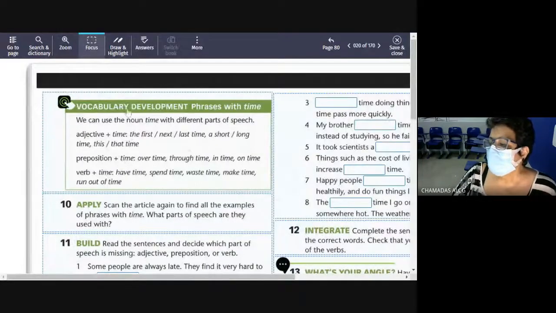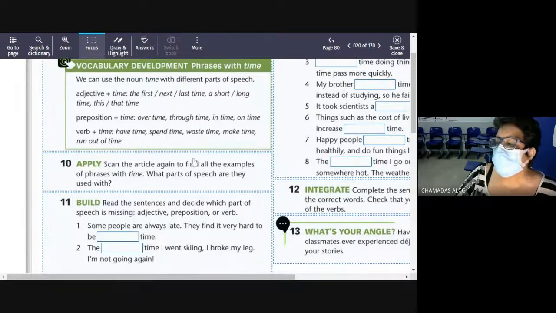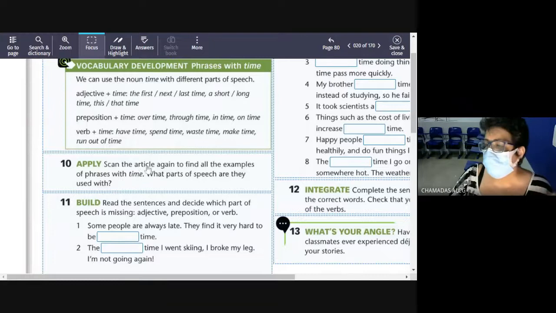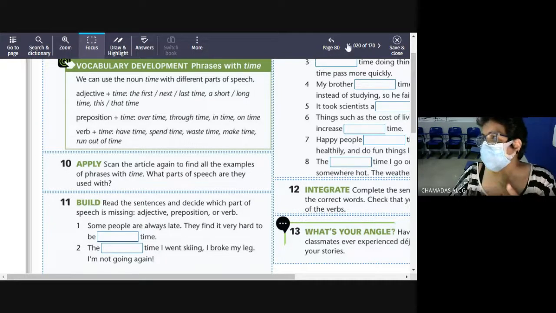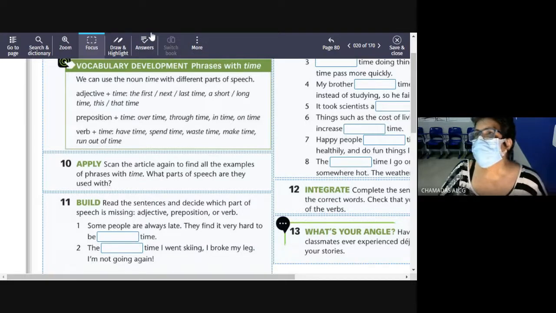Okay. So next class, we're going to see the article again to find examples of phrases with time. And I would like to ask you to do that for homework, okay? Read the article again on page 19, the previous page, and find those expressions with time.